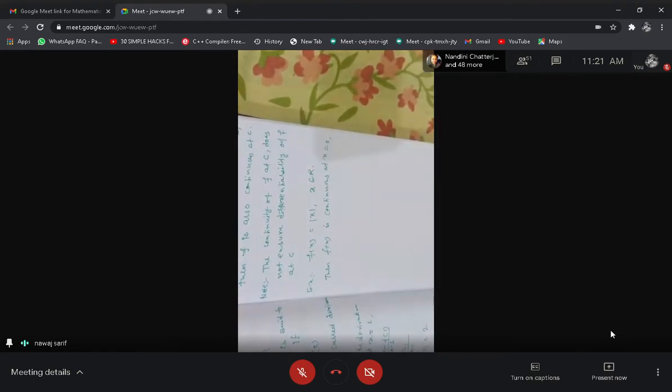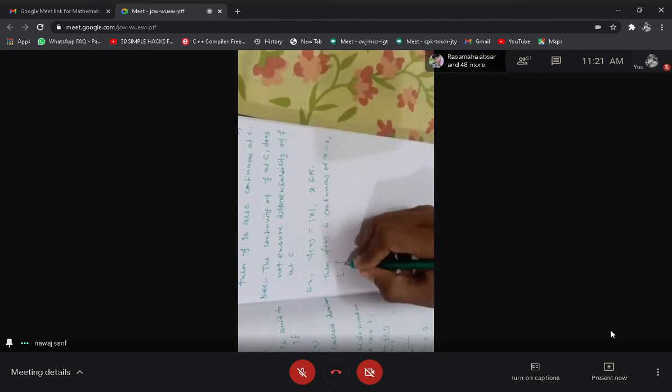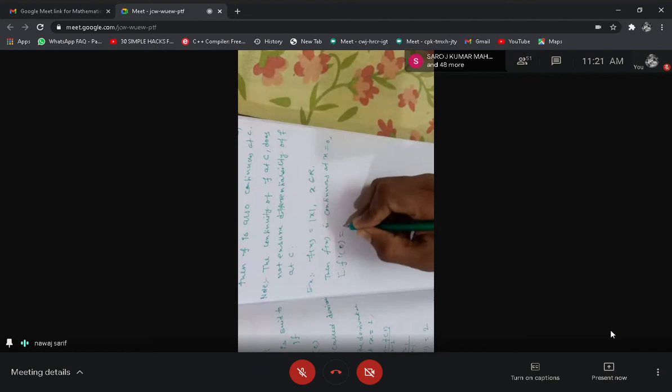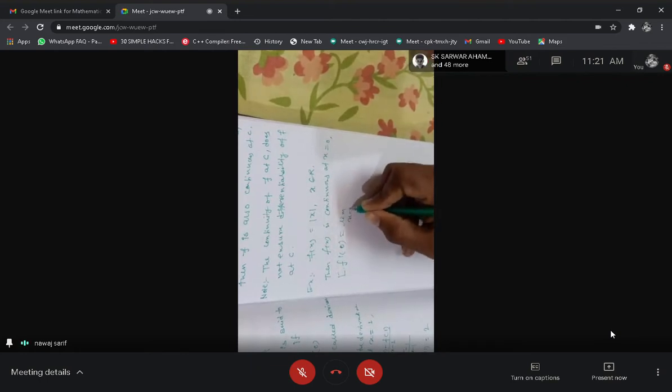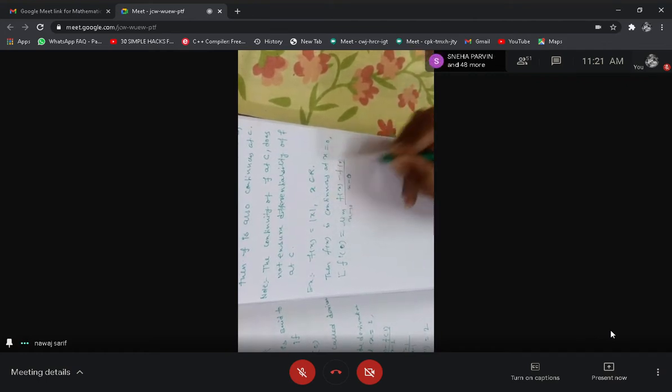And what will be the derivative of f x? What is the right hand derivative and left hand derivative? It will be 1 and minus 1. L f dash at 0 is limit x tending to 0 of f of x minus f 0 divided upon x minus 0.